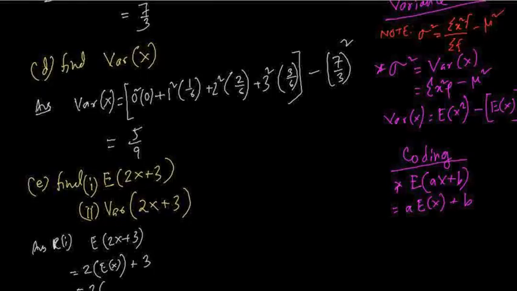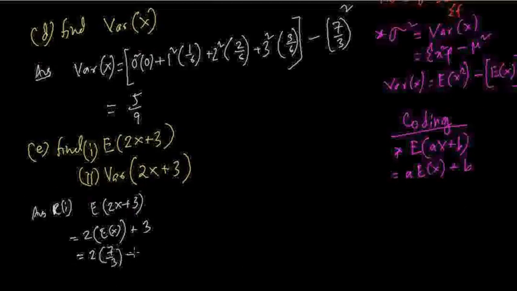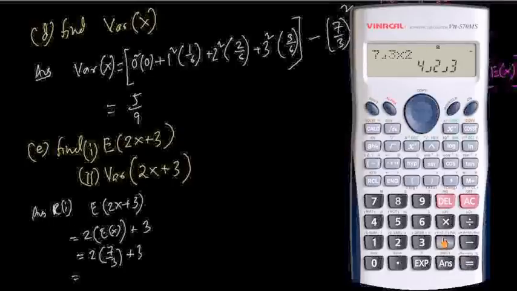So 2 times the expected value 7 by 3, plus 3. So this is going to be 7 by 3 into 2 plus 3, which is 23 by 3.